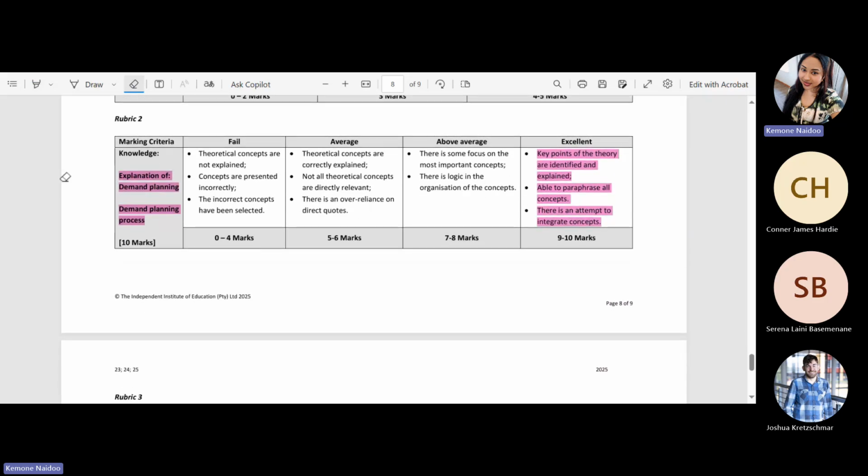Okay. Then we have the knowledge aspect. So this is the body of your essay. So your explanation of demand planning and also the demand planning process and how you answered that and what information did you give. Now, if you look at how this is being marked, we are looking for key points of the theory that is well explained.